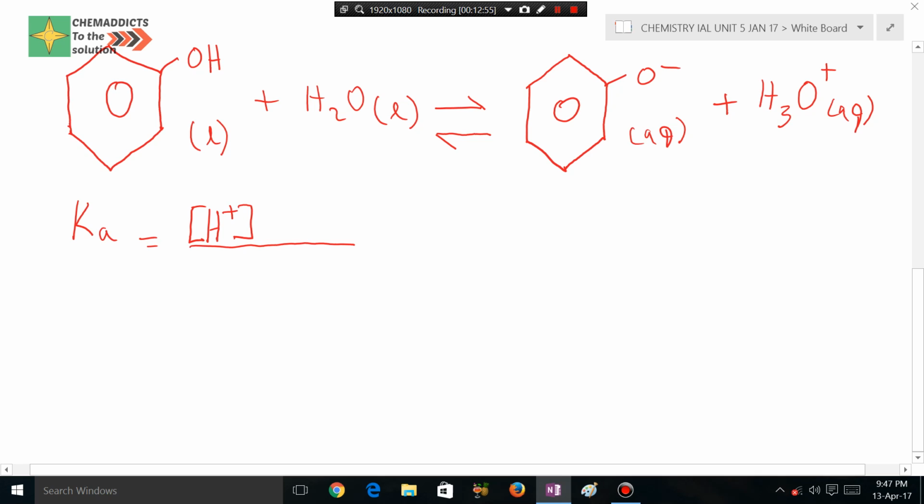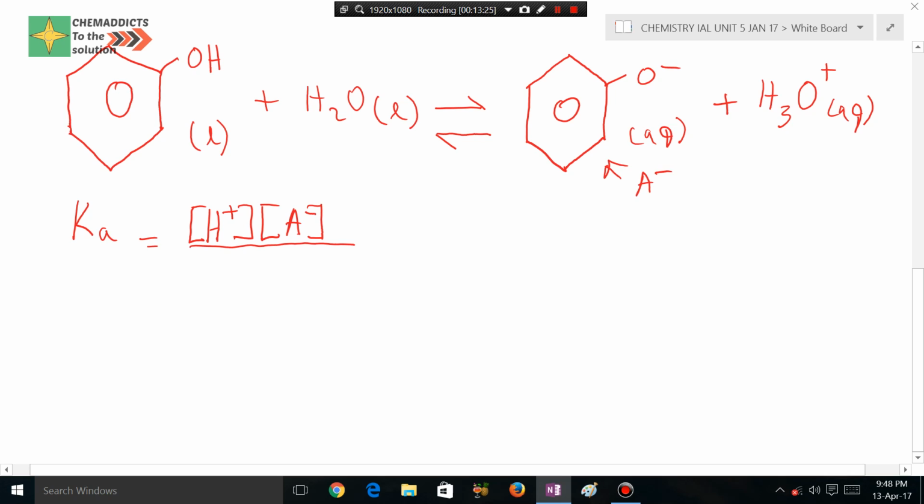The concentration of H plus ion is multiplied by the anion, which we represent by A minus, just like HA is considered an acid.